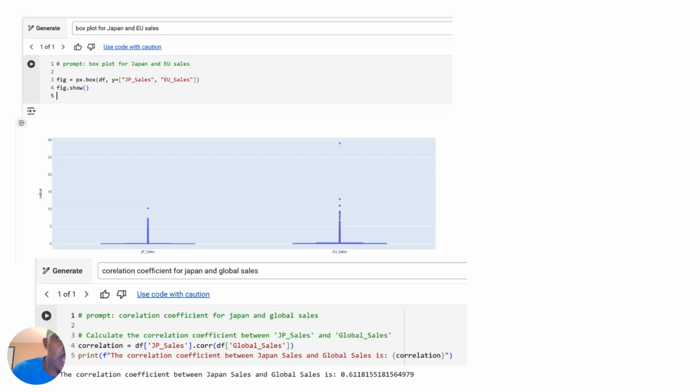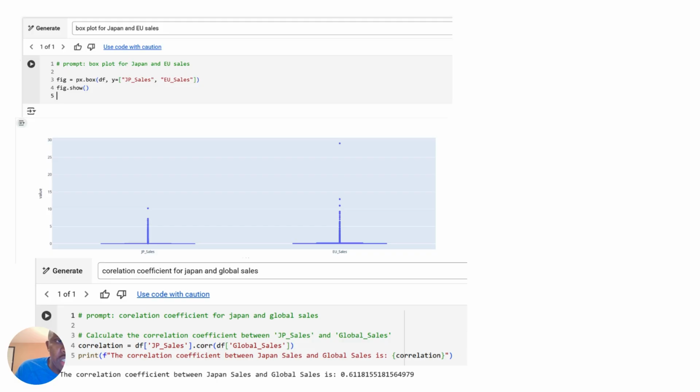AI generated for me a box plot for Japan and Europe sales. You see that there is a code for that, and then there is also a graph. If you get that code and run it, it will give you that.